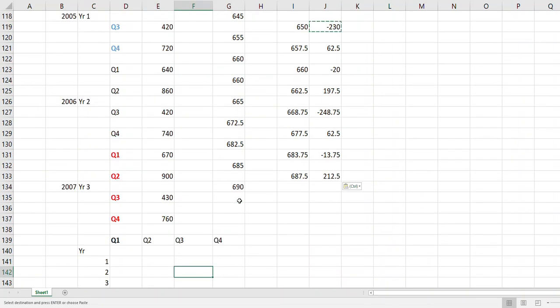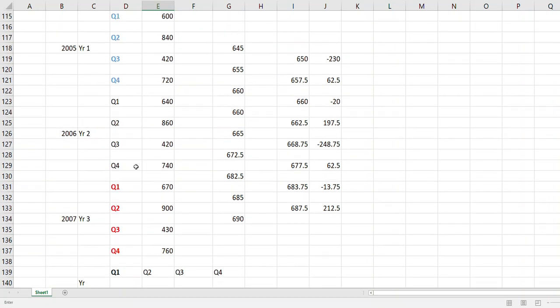Take the earliest data that we have. The earliest data we have for seasonal variation is quarter 3, so I'm going to write that here, minus 0.30, and then follow it. If we have full seasonal variation for quarter 1 to 4 from here for 2006.